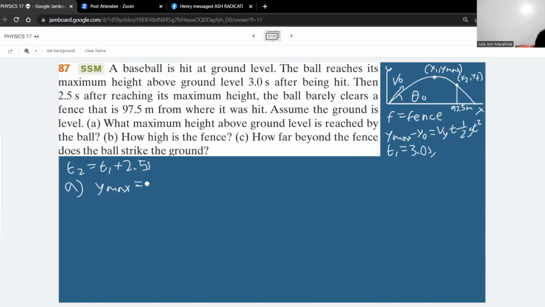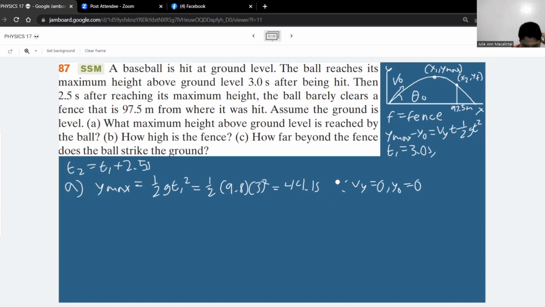The 97. So this is 3.0 seconds. Is equal to cosine of theta times 5.5. So 9.8 times 3 over 5.5 sin theta.